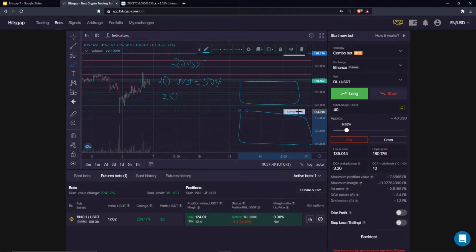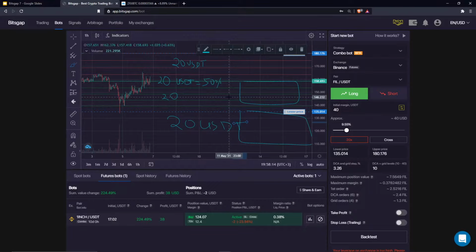If the price executes the last buy order, which is this one, and falls even further down, then the mechanism will place new DCA buy orders. So another 20 USDT can be spent here. So you see we have 20, 20, 20, 20.